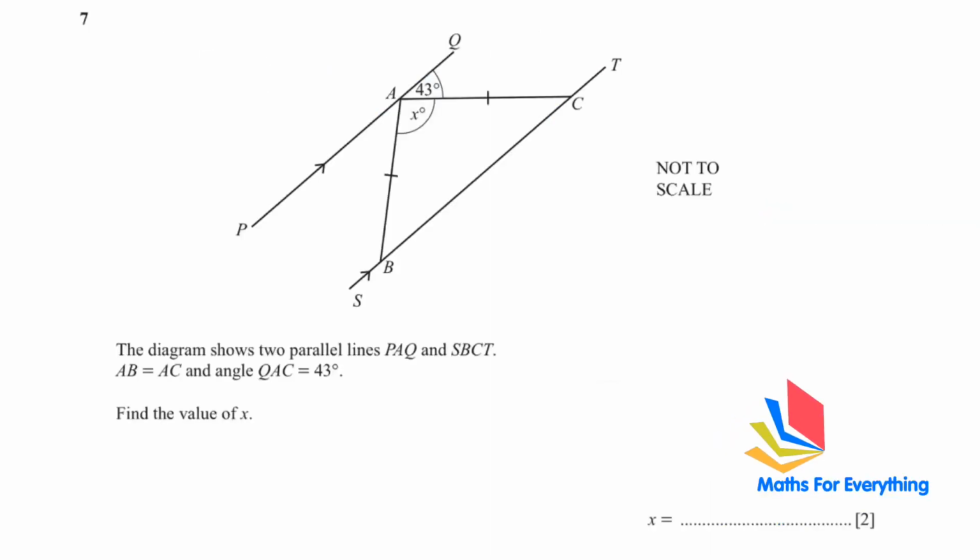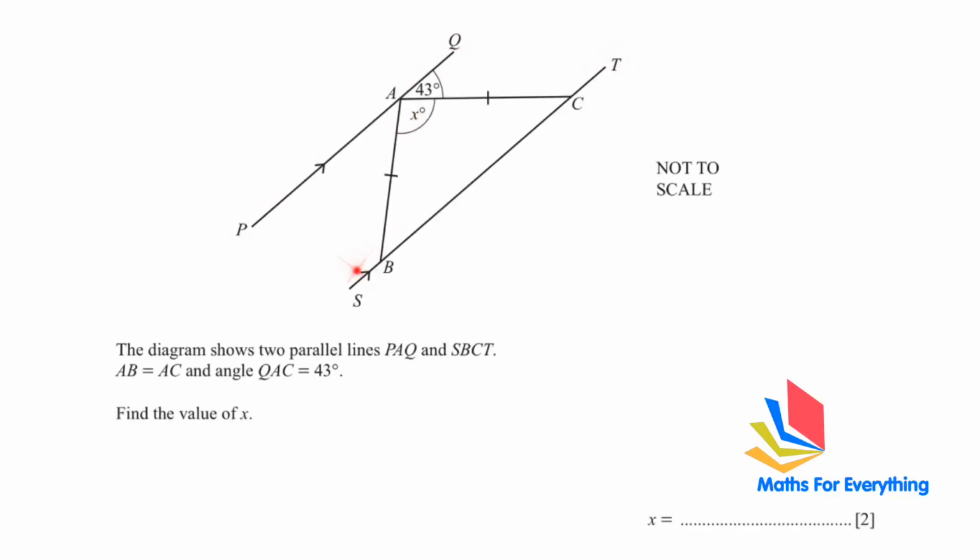Question number 7. The diagram shows two parallel lines PAQ and SBCT. AP is equal to AC and angle QAC is 43. Find the value of x.